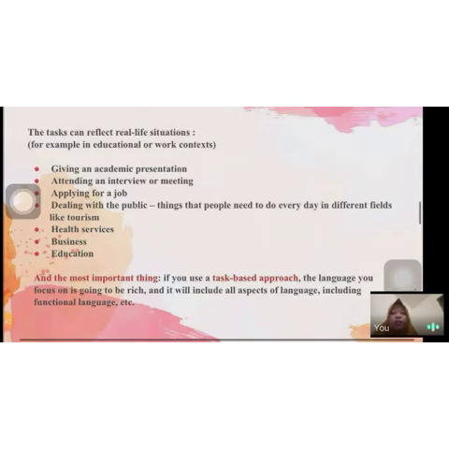And the most important thing, if you use a task-based approach, the language you focus on is going to be rich, and it will include all aspects of language, including functional language and etc.